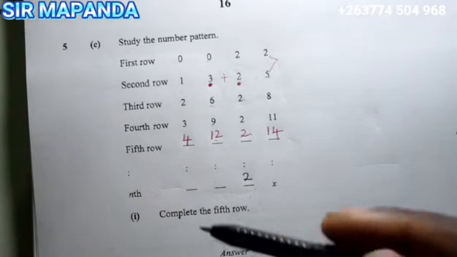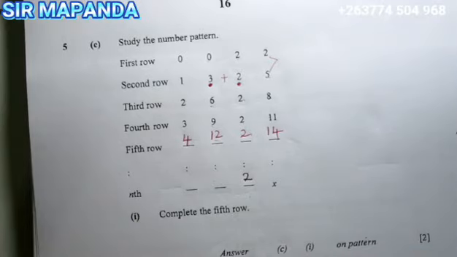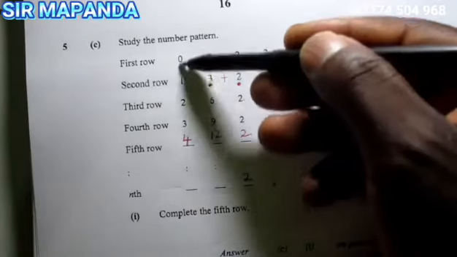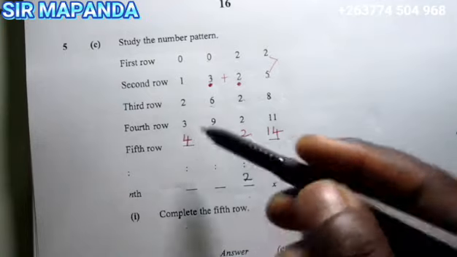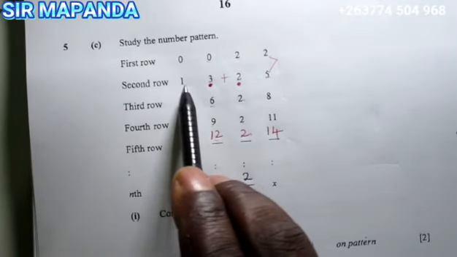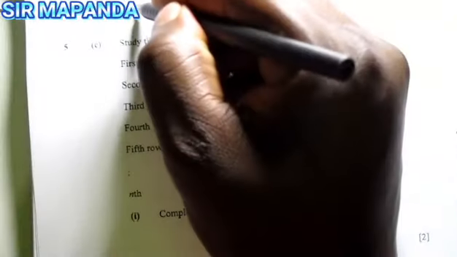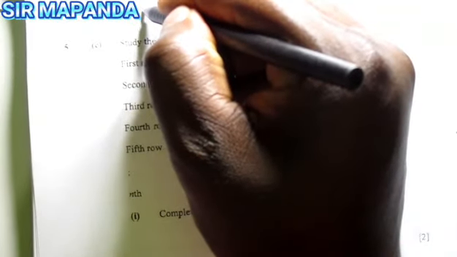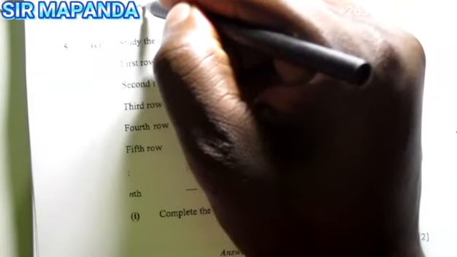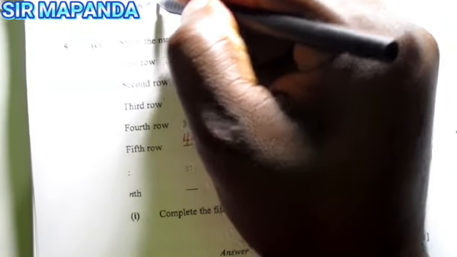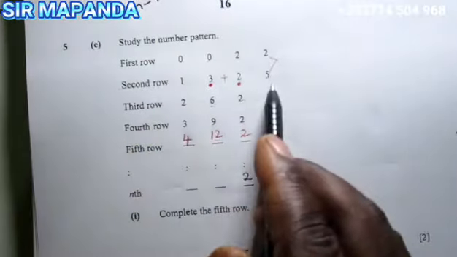The nth term for this, the second row is 1. So the number of rows minus 1, you get the number in that row.